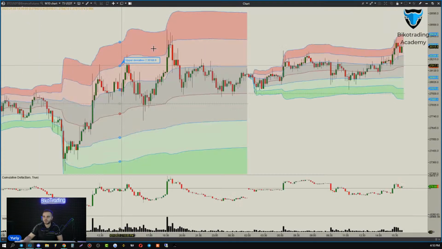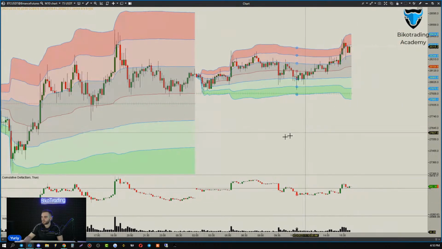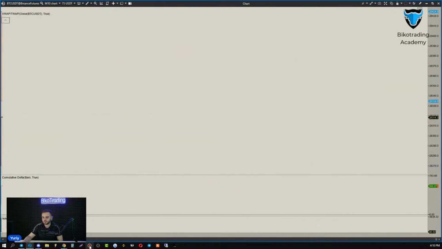Volume weighted average price. Yes, the major idea is that it is an average. How does it calculate, and why does VWAP matter?